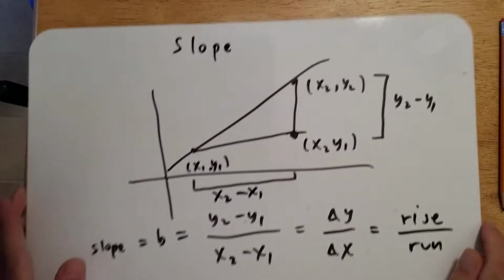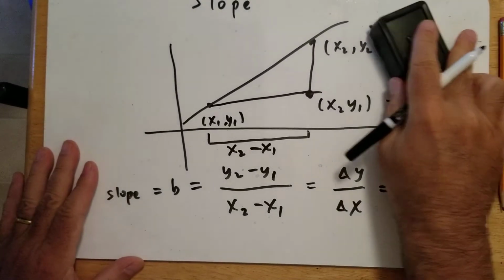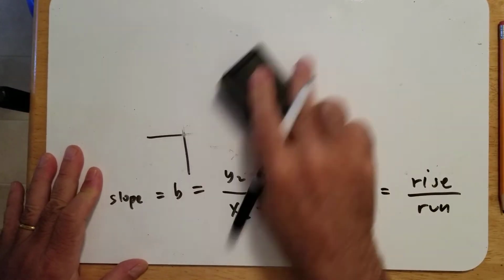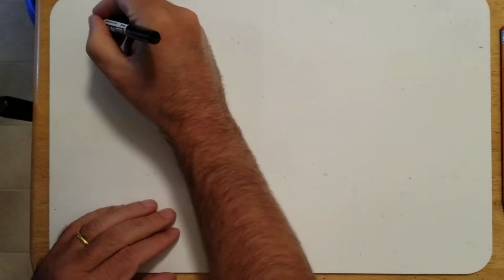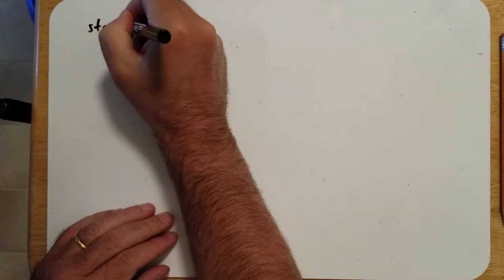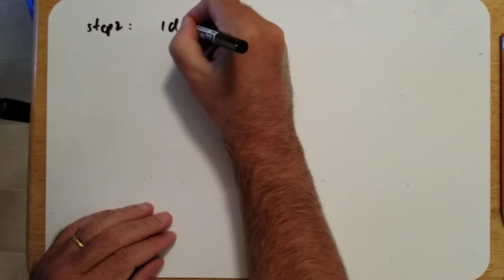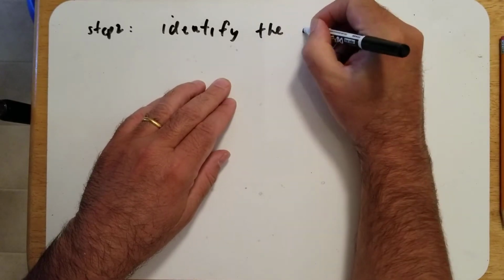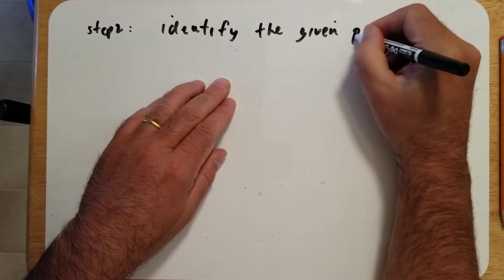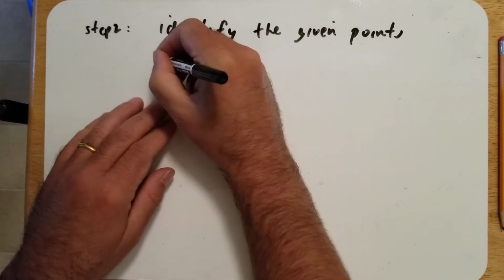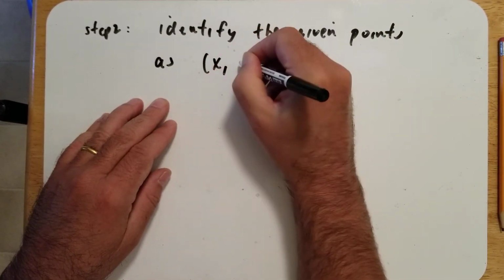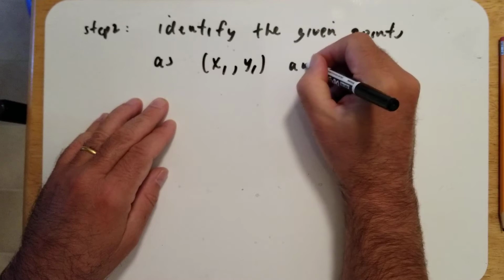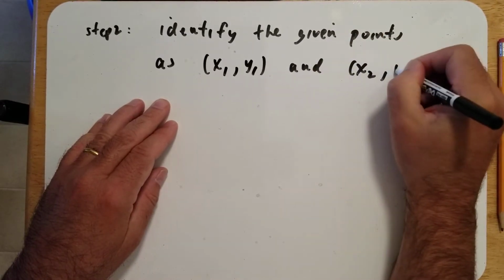Then step 2, I'm going to identify the given points as x1, y1, and x2, y2.